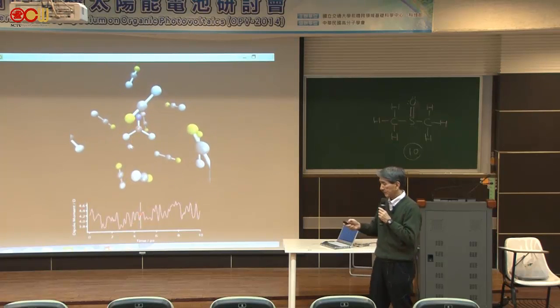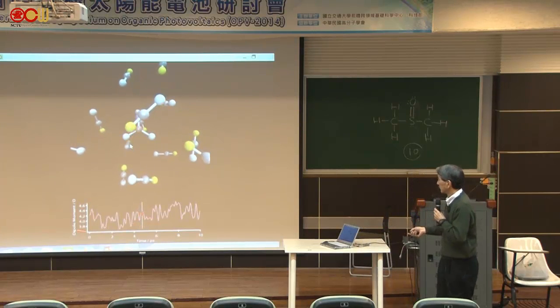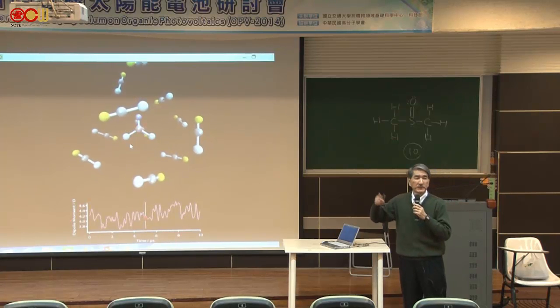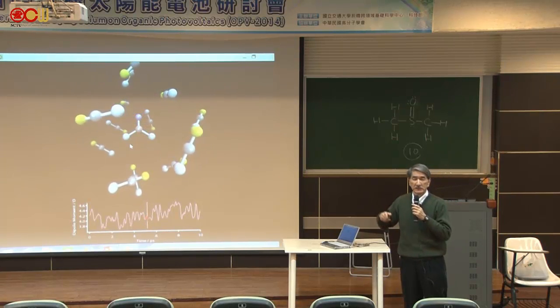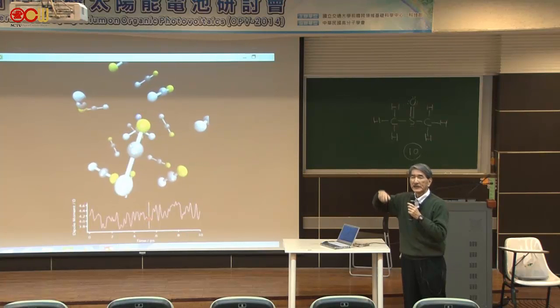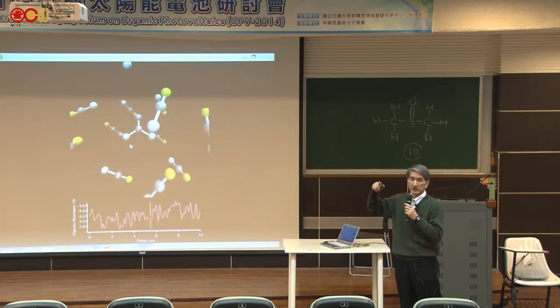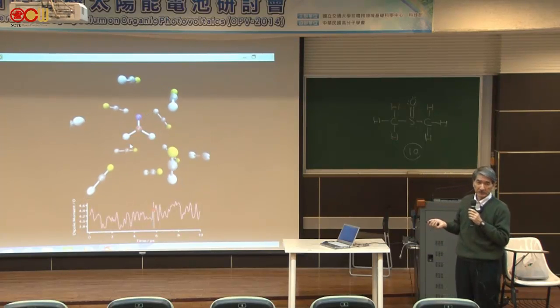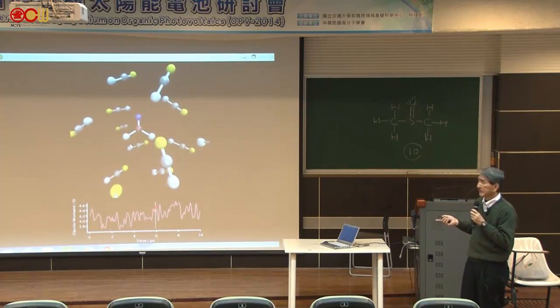It changes with time, maybe very rapidly, within a picosecond time scale. It's fluctuating. So it is a dynamically polarized molecule. This is a new concept we introduced to explain these results.